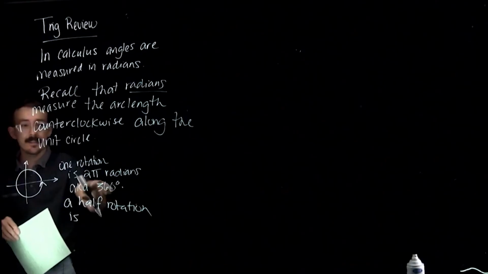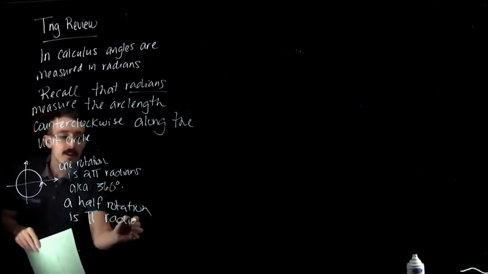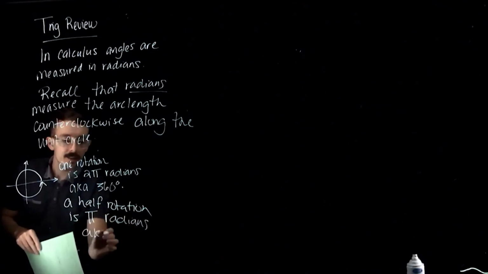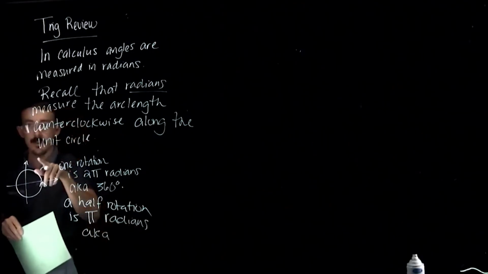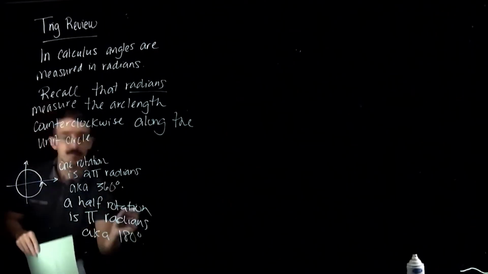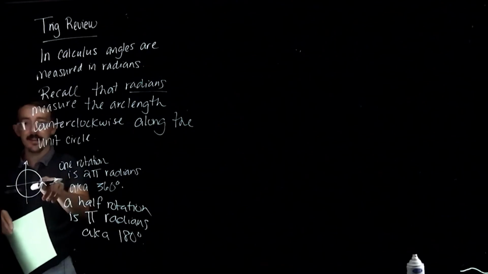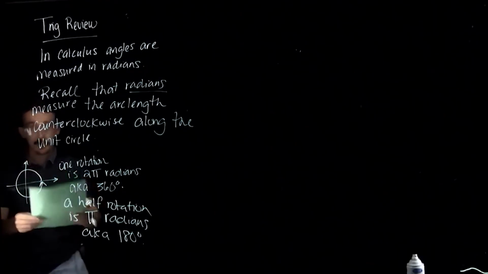If I chopped the 2 pi in half, it would be pi radians. And this is also known as, well, half a rotation, it'd be 180 degrees. So all the degree measures, all the radian measures can be thought of as just taking pieces of the full 360 or the full 2 pi.